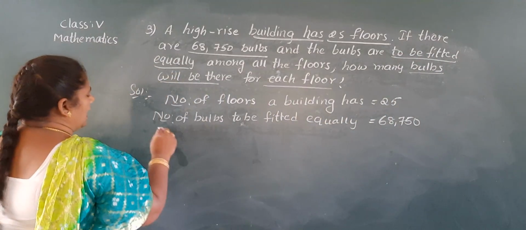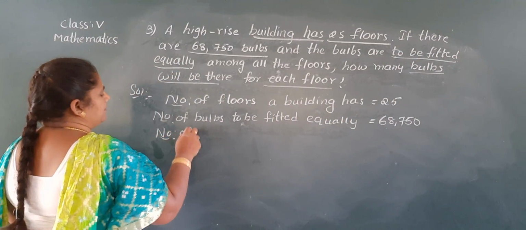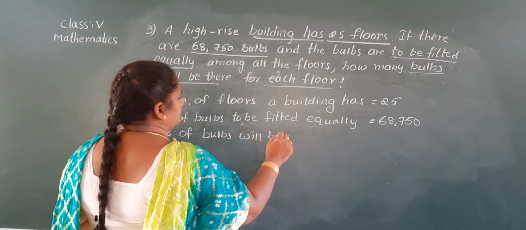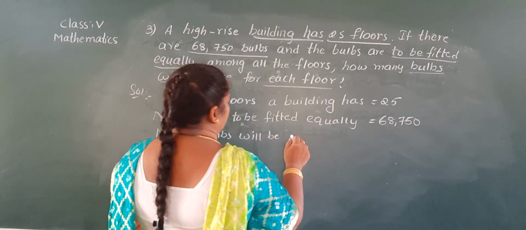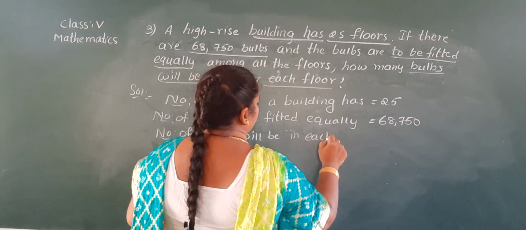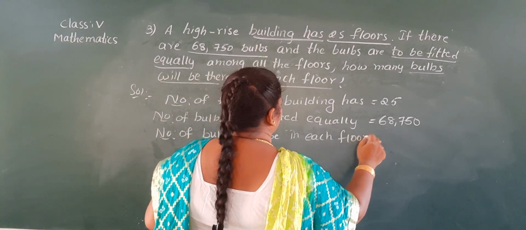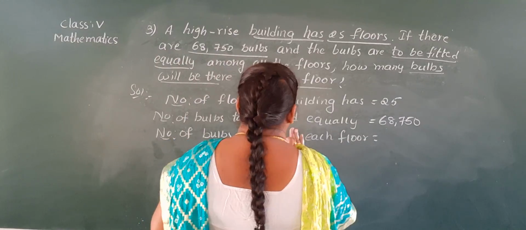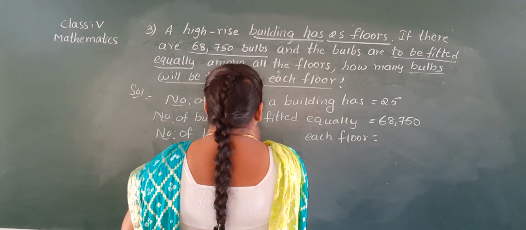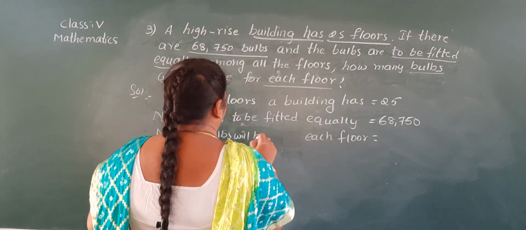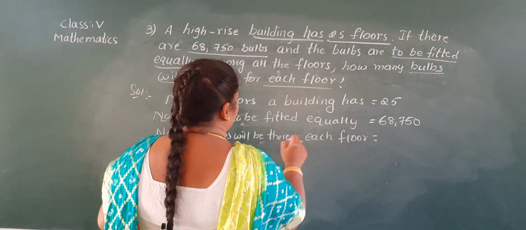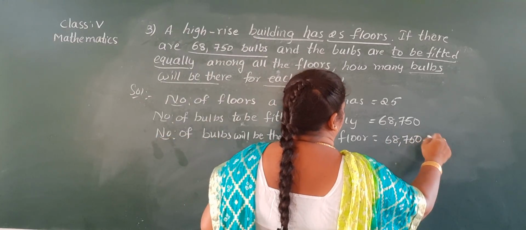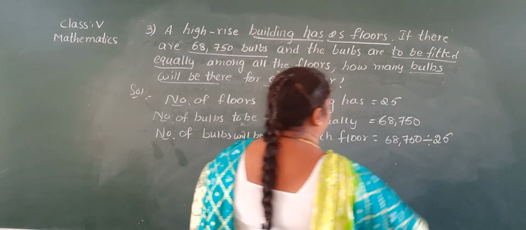And next we have to find number of bulbs will be there in each floor. Number of bulbs will be there in each floor equal to division, 68,750 divided by 25.